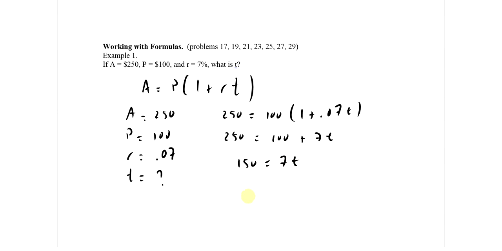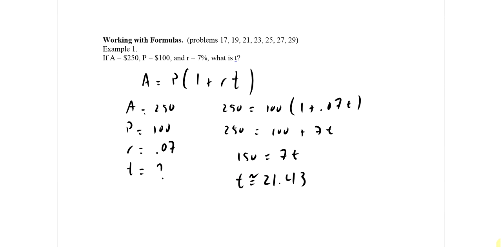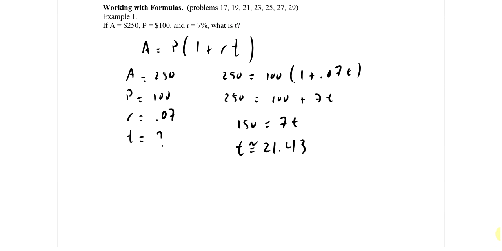And so finally, T is 150 over 7, which is about 21.43. You can usually do about 2 decimals. So if you borrowed $100 and paid back $250 with 7% interest rate, you paid back 21.43 years later.